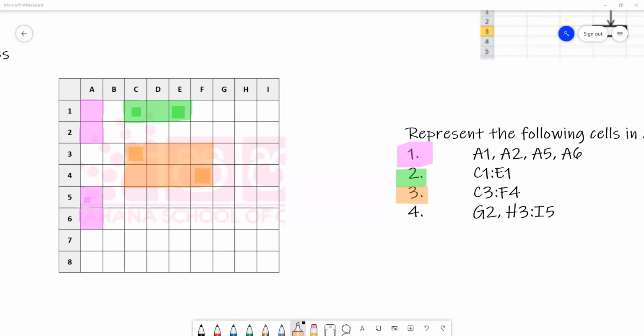So let's move on to the fourth one, right? It says G2 comma. When you use a comma, that means you are going to individually specify. So the first one we have to take is G2.